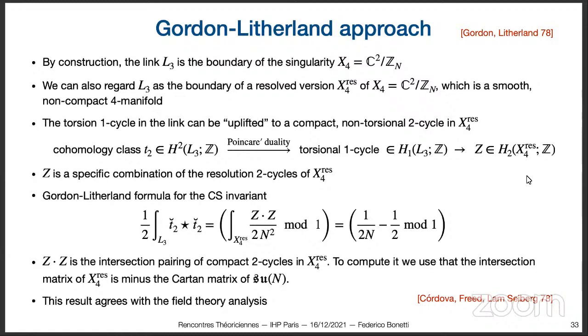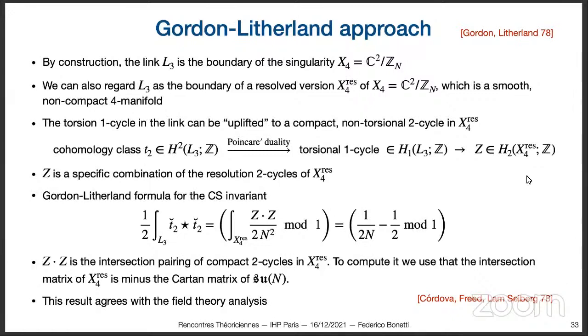And the key idea, which is a non-trivial fact in mathematics that dates back to results of Gordon and Gilkey-Land, is that if you're given this object I'm calling T2, this is a torsional class of the link, you can uplift it to a non-torsional two-cycle in the bulk. The thing I'm calling Big Z. Big Z is just a compact cycle in the 4-dimensional geometry. It's something we are more familiar with.